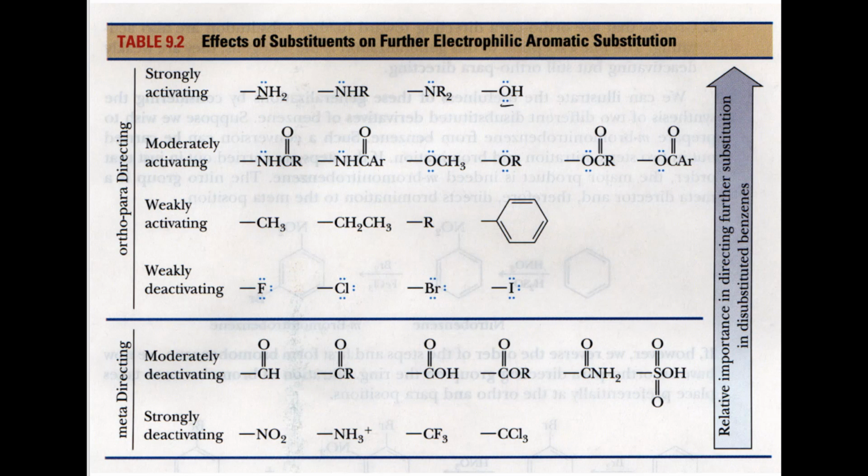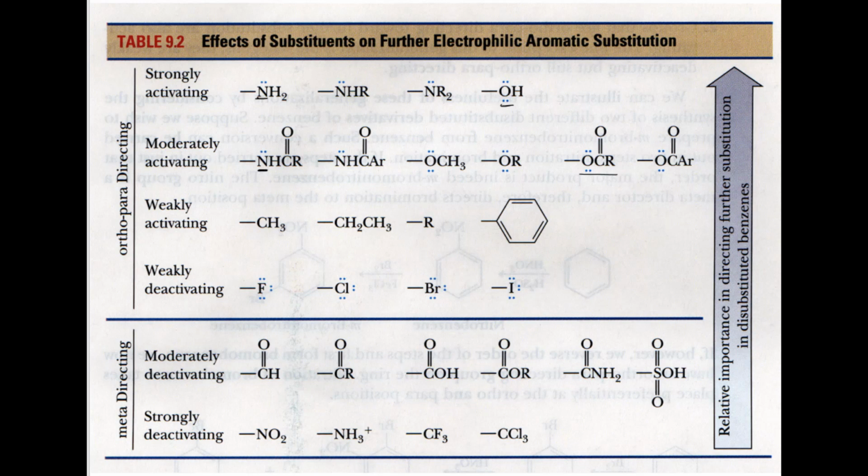Now, also notice that when the nitrogen of an amide is attached to the ring, the ring would then be activated. When the ring is attached on the other side to the carbonyl group, it would be deactivated. So we have to be careful when we have amides or esters that we look at the atom that's attached to the ring, whether it's an oxygen where it would be activated versus a carbonyl where it would be deactivated.